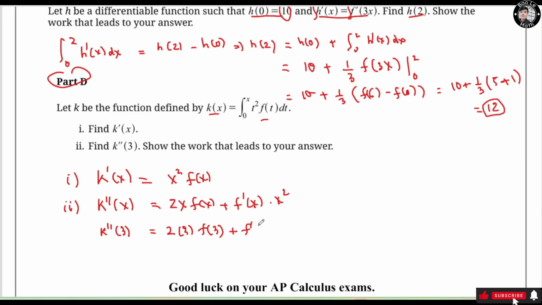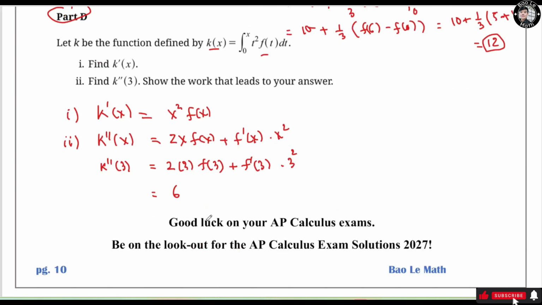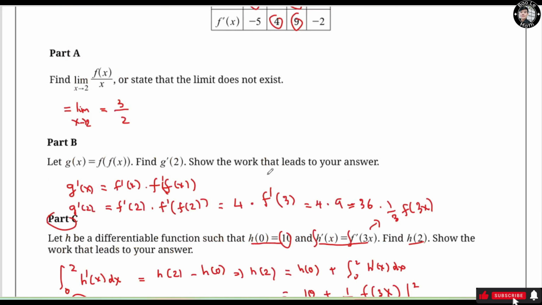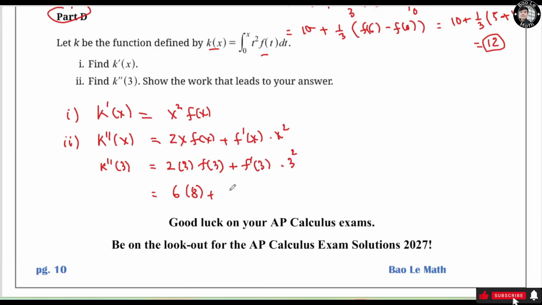Plus f prime of 3 times 3 squared, right? 2 times 3 equals 6. f of 3 is 8, right? Plus f prime of 3 is going to be 9 times 9, right? So it could be 48 plus 81, and it's going to be 129, right?